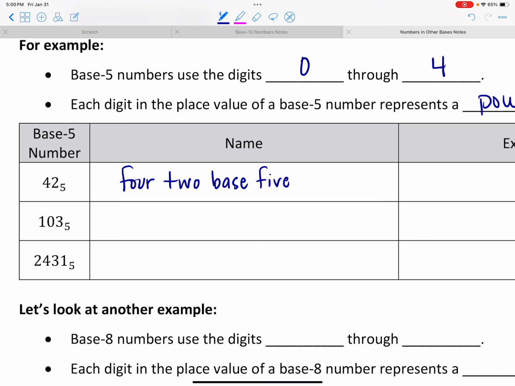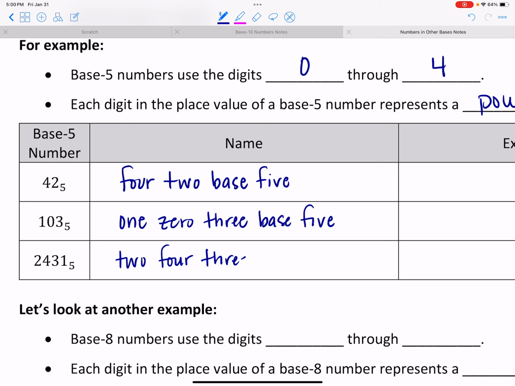We have to say that base. If we're not in base 10, then you don't see the base written. It's implied because it's the number system that we all use. So if we're changing to something else, we need to make sure that we're saying that we're in that base. So 4, 2 base 5, again, we would read this as 1, 0, 3 base 5, and we would read this as 2, 4, 3, 1 base 5.